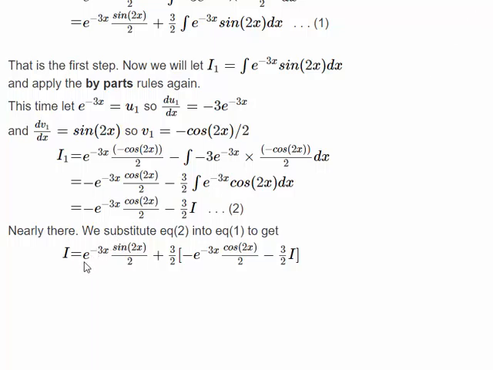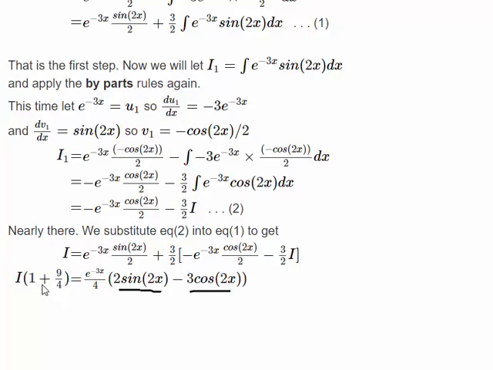So I'm going to take e to the minus 3x over 4 outside of a bracket, giving me 1 plus 9 over 4 I, e to the minus 3x over 4, and because I've taken 4 out, I'm going to end up with 2 sine 2x for the first term, and there's a 3 here and a minus there, so I'm going to get minus 3 cos 2x for the second term.